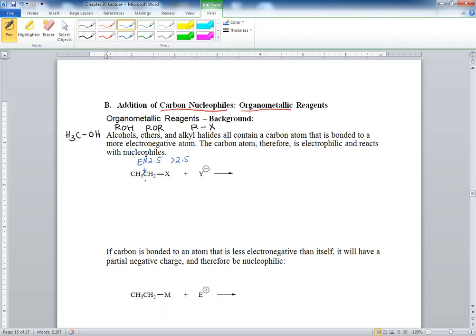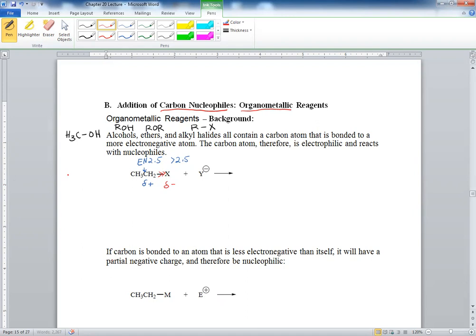So meaning that you're going to get a delta plus on this carbon, more positive, and the X will be more negative, delta negative. You learn this in basic chem in terms of bond polarity. So the electrons are being drawn this way.